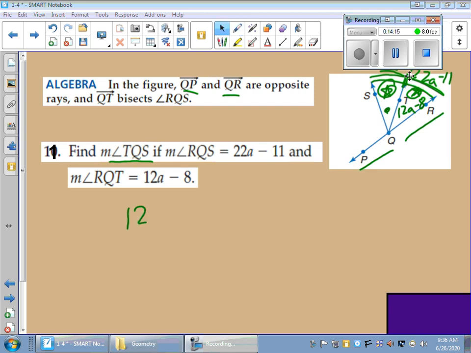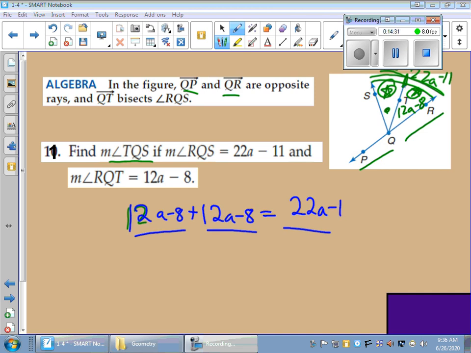Some people like to double that, and some people just like to write it twice. So 12A minus 8, you have two of those, plus 12A minus 8. Part plus part equals whole. The whole was 22A minus 11.